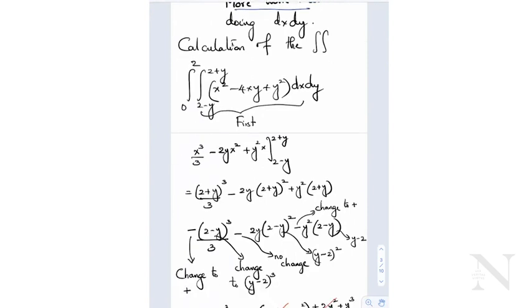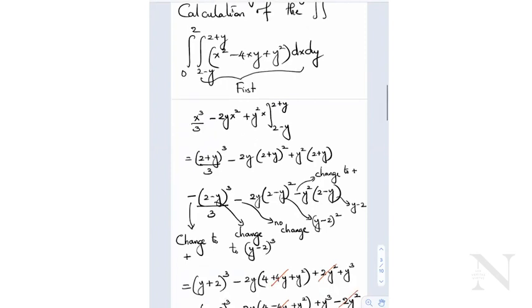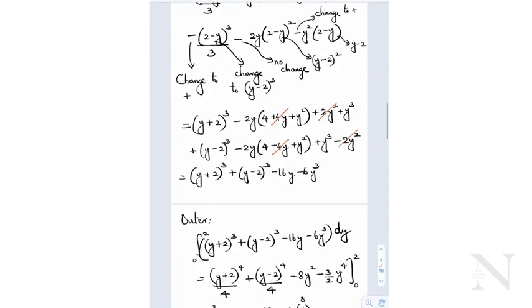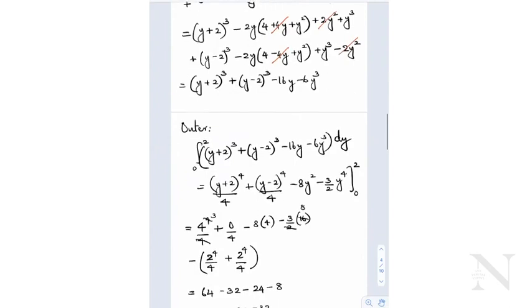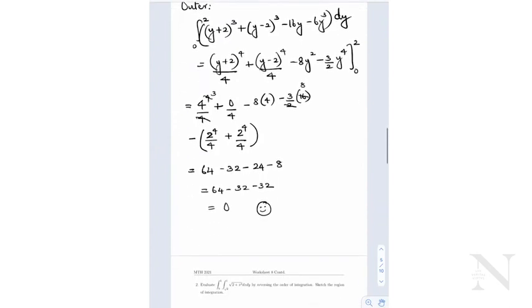It's a bit lengthy, I understand, because the limits are a bit bulky and the function itself is not the easiest one. It's not difficult to integrate, but there are too many terms. I've done that here, and I hope all the algebra plays out nicely. At the end you get the answer equal to 0.